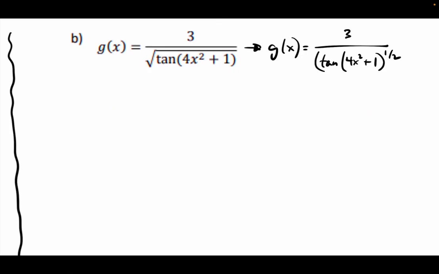Wait, no, sorry, because the whole thing is under the root, not just the 4x plus 1.